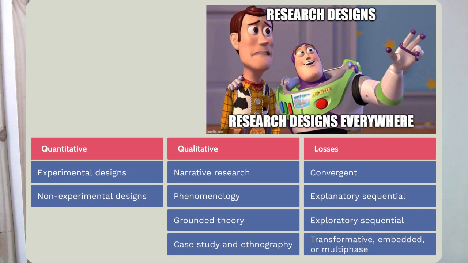So one sort of non-experimental quantitative research is causal comparative research, in which the investigator compares two or more groups in terms of a cause or an independent variable that has already happened.